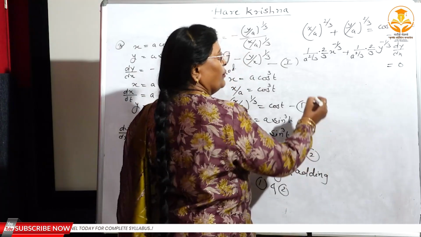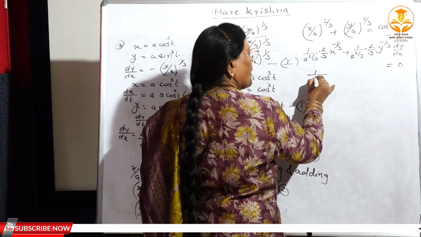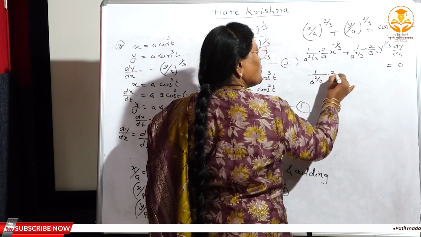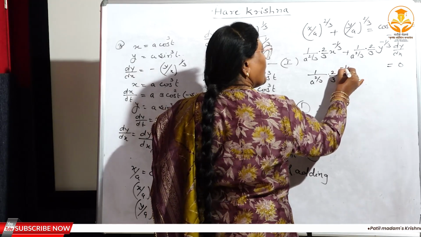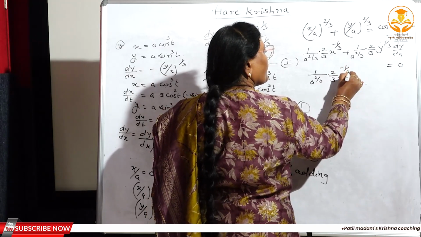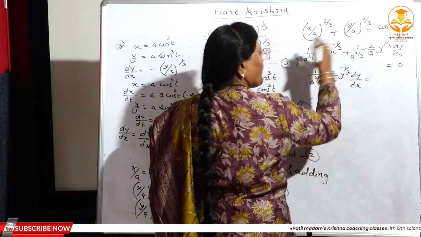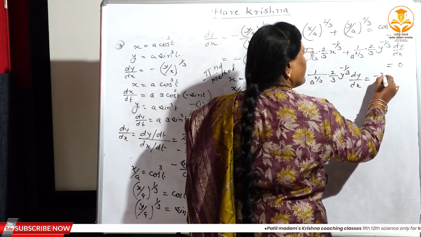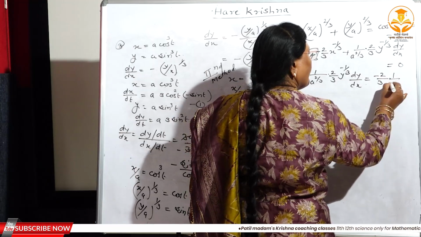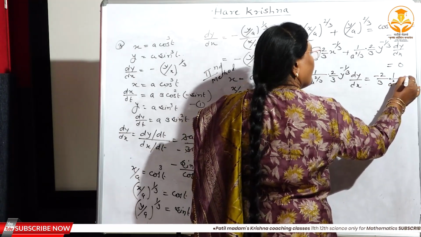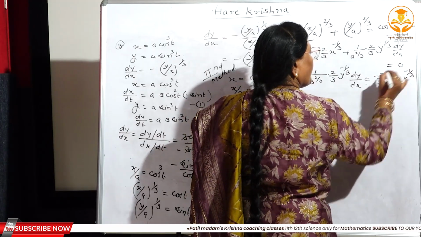Right? Now 1 upon a to the power 2 by 3, this is 2 by 3, y raised to minus 1 by 3 into dy by dx, it is equal to, transfer this term to this side, minus 2 by 3, 1 upon a to the power 2 by 3 and x to the power minus 1 by 3.